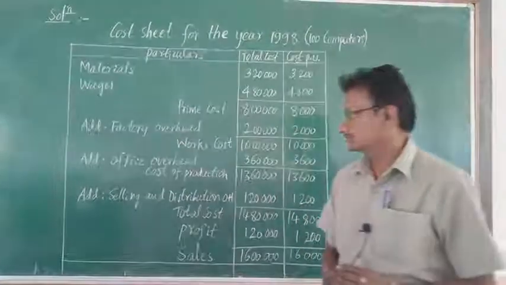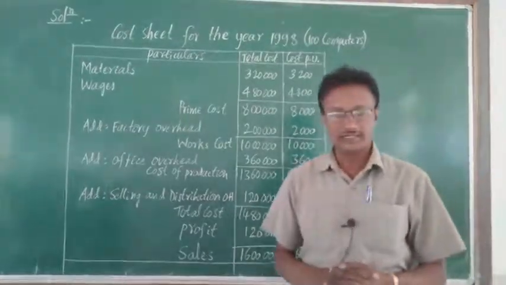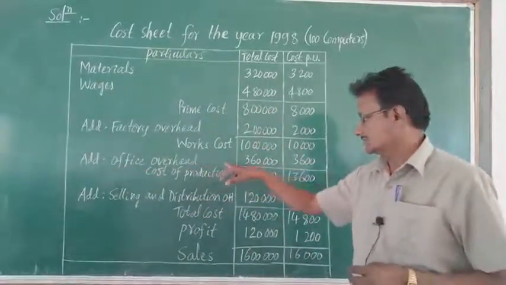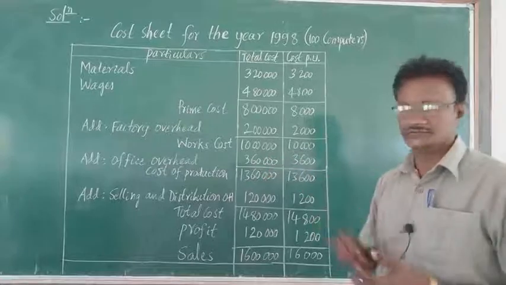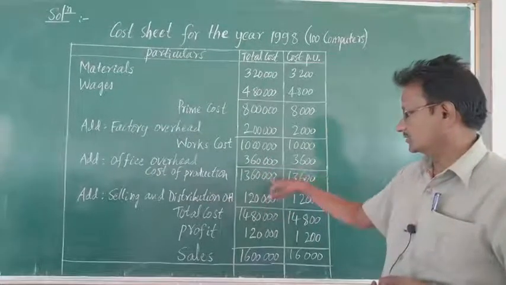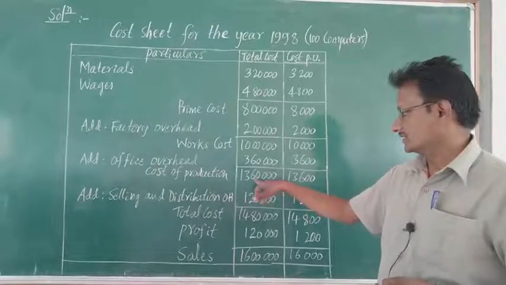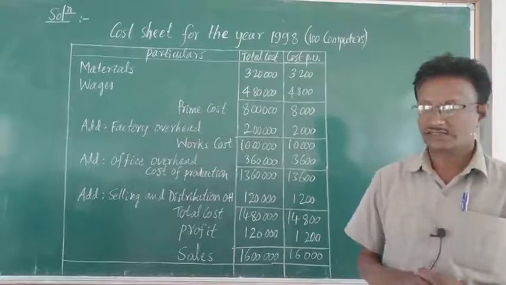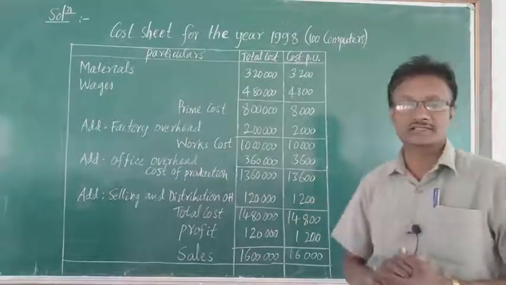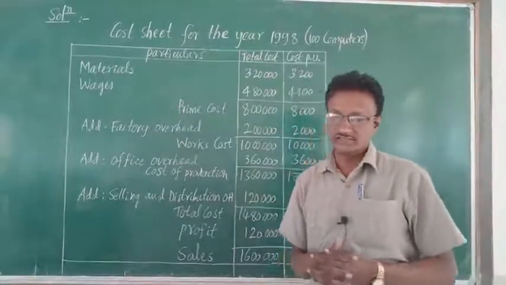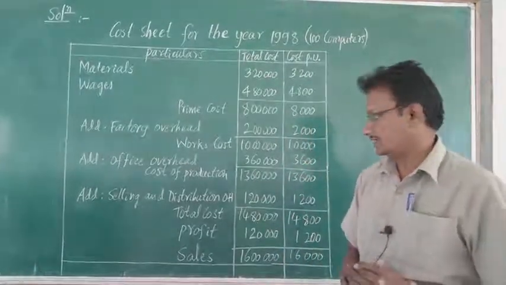Next, office overhead should be added. So add office overhead, given as 3,60,000, per computer it is 3,600, and the total is 13,60,000, that is cost of production, and per computer it is 13,600. Next, one more overhead we have to add.